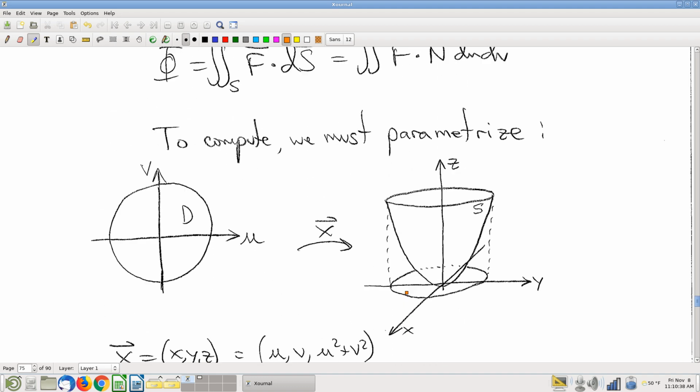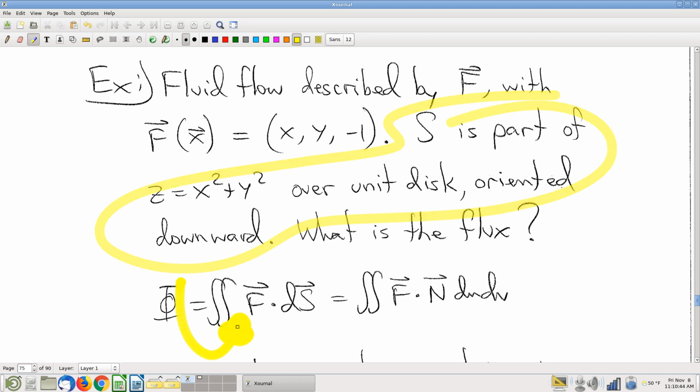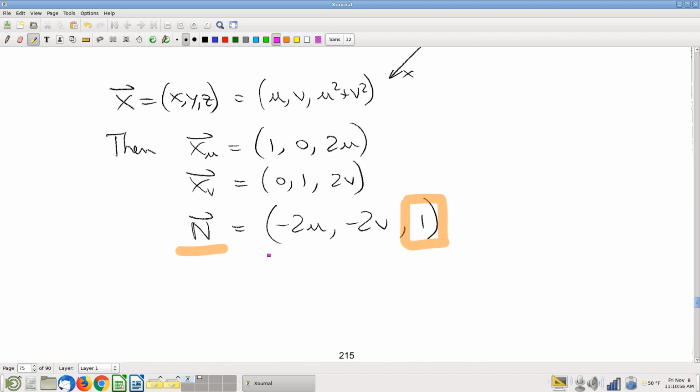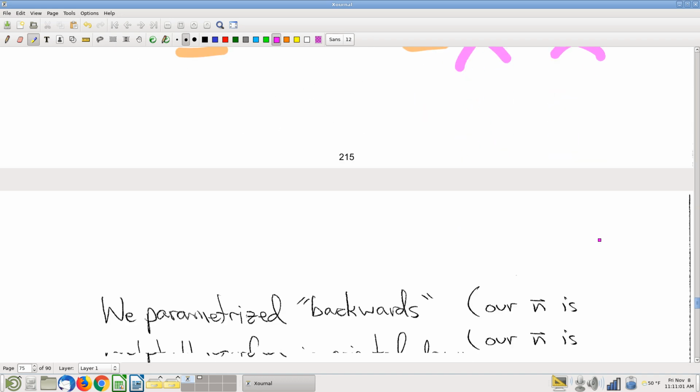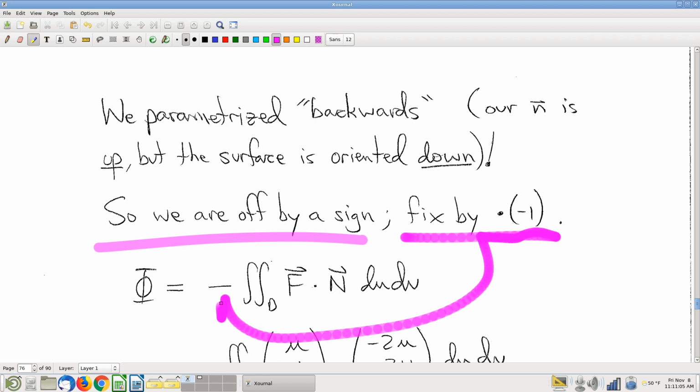And look up here at our definition of our surface, right? Our surface is given oriented downward. So we inadvertently, no fault of our own, what do you expect? Nevertheless, we parameterized the wrong way. And so the fix, it's again a really easy fix, is you just say, whoops, here's my minus sign, and you move on. Is everybody good?